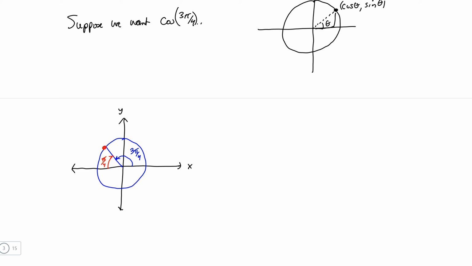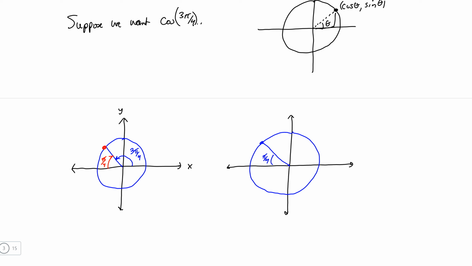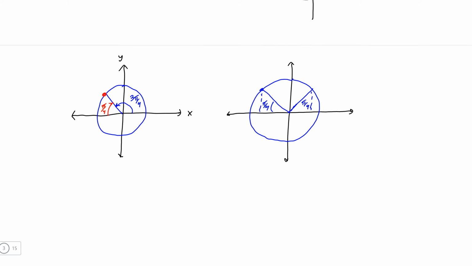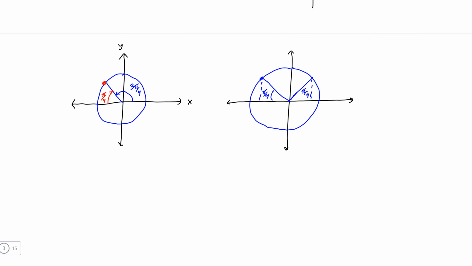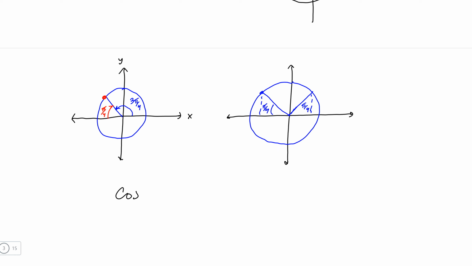So thinking of this in terms of the symmetry with our unit circle, if we're looking for the value here, where this is pi over 4, we can use the value over here where we know is pi over 4, and we can see the y values are going to be the same, and the x values will be negative. So we have cosine of 3 pi over 4 is negative cosine of pi over 4.